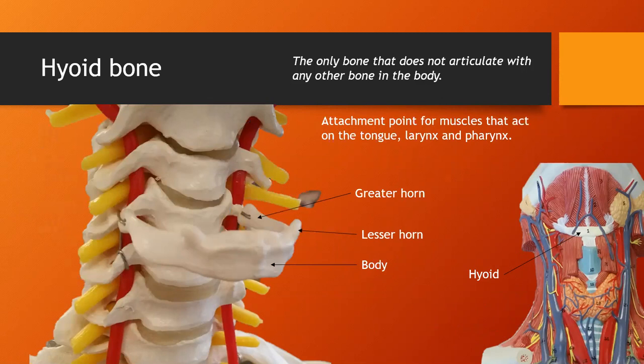It does allow anchoring for the stylohyoid ligaments to the styloid process of the temporal bone. Your 4th bullet, it is the movable base of the tongue. And as we get into the muscular system, we will actually look into more details of the attachments and the functions of those muscles that are associated with your hyoid bone.